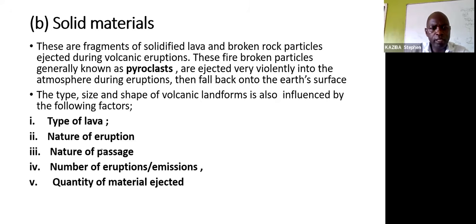So these are the other factors now: nature of eruption, nature of passage, number of eruptions, quantity of material. So you explain your landform very well, then you bring these in as a mention. However, there are other factors. Then you explain nature of eruption, nature of passage, like that.